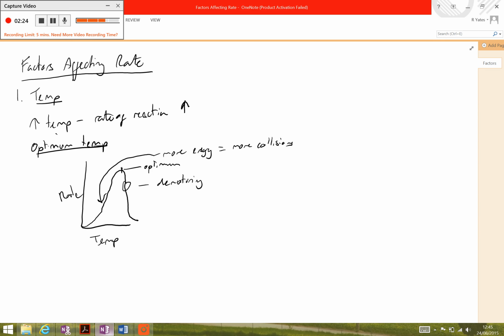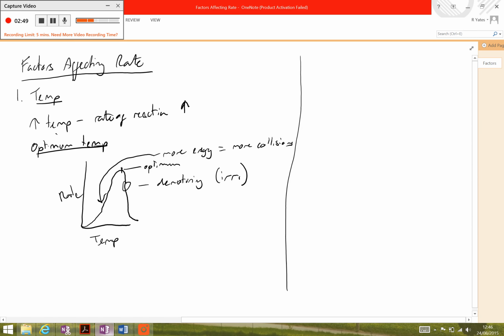So the substrate can't bind, the enzyme is no longer catalyzing, and it's usually irreversible. This is usually around 40 degrees, because that is when the hydrogen bonds actually break. But as I said before, it can be different in different organisms.